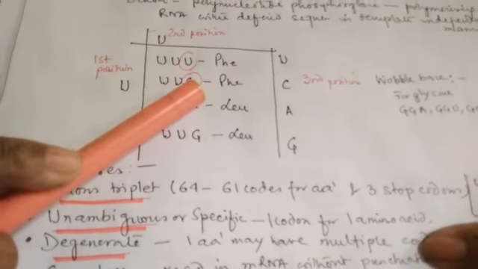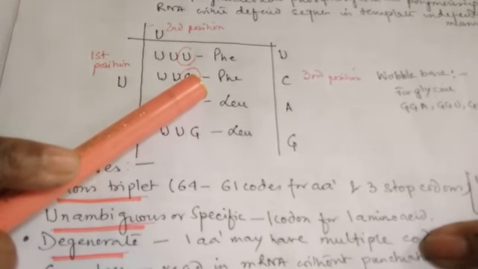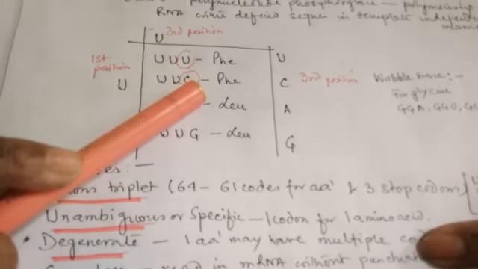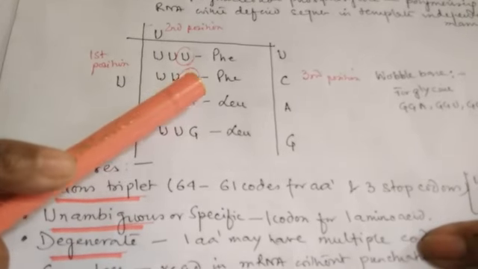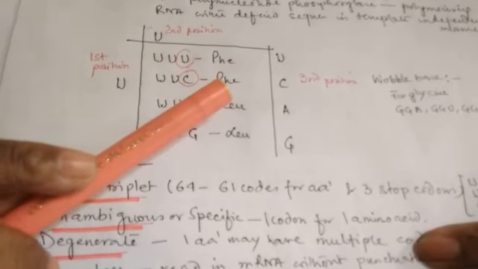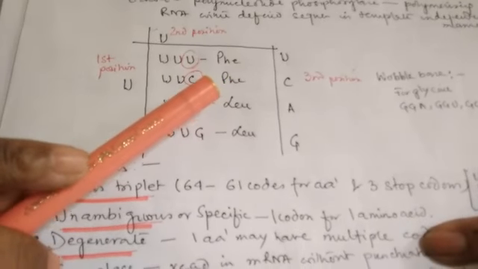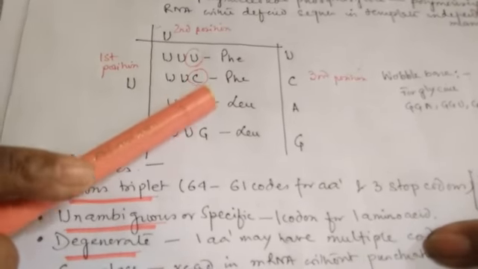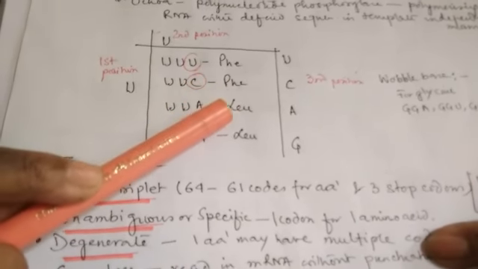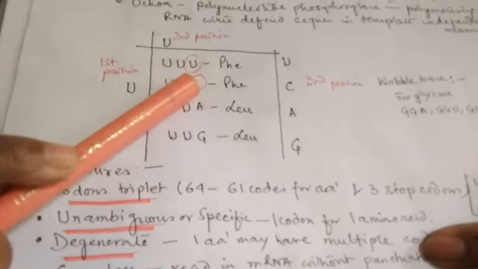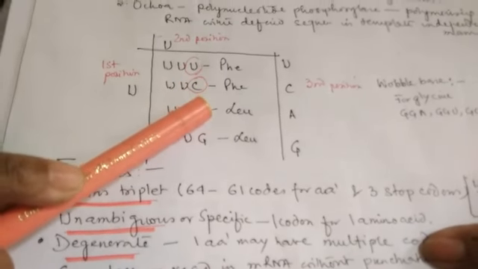So when this tRNA binds even with a non-complementary base, that tRNA can still carry that particular amino acid. This corresponds to the degeneracy of the third nitrogen base.